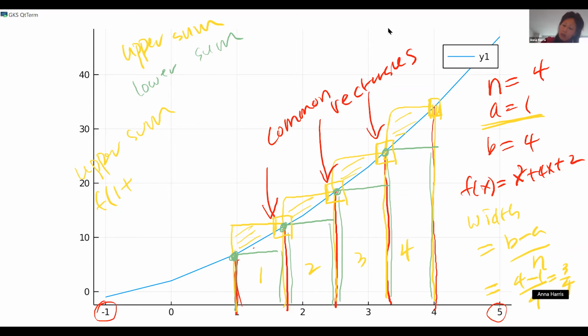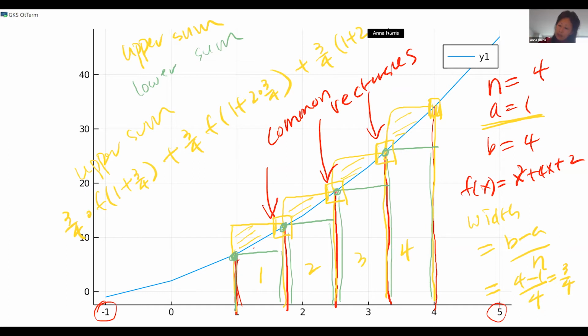So it'd be f of 1 plus 3/4, times 3/4. That's the first rectangle. Second rectangle is 3/4 times f of 1 plus 2 times 3/4, plus 3/4 times f of 1 plus 3 times 3/4, plus 3/4 times f of 1 plus 4 times 3/4. All right, so that is upper sum.